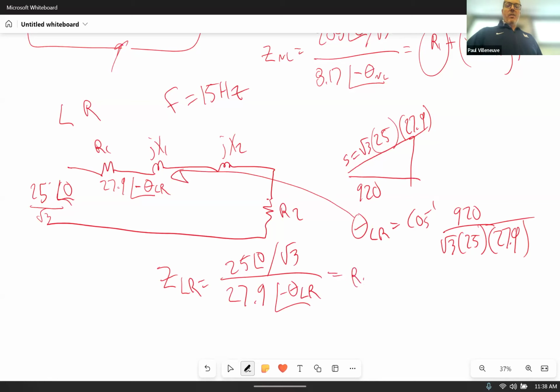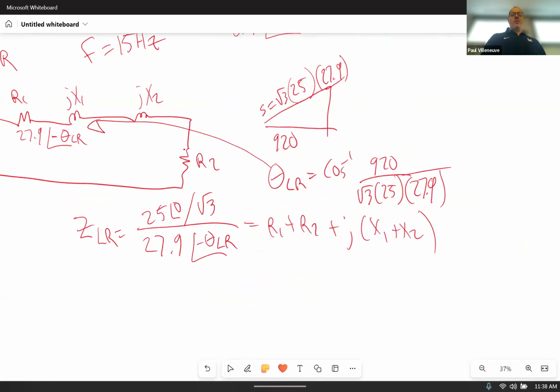That's going to give us R1 plus R2, and it's also going to give us those. If you want to be exact, then you would do it this way. You would spell it all out. If you want to be approximate, you could just say that R2 is small enough you can ignore it, but let's just do the full Monty version here.